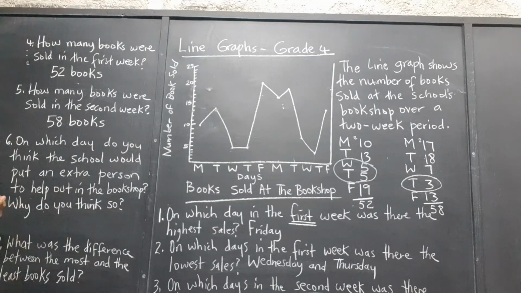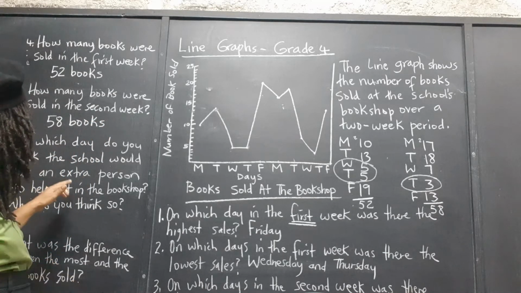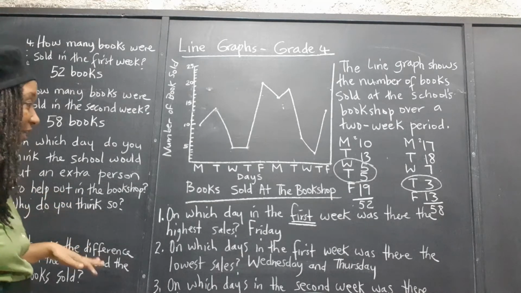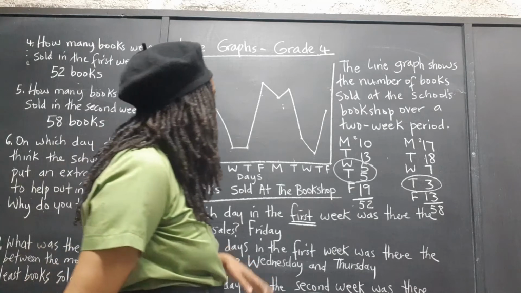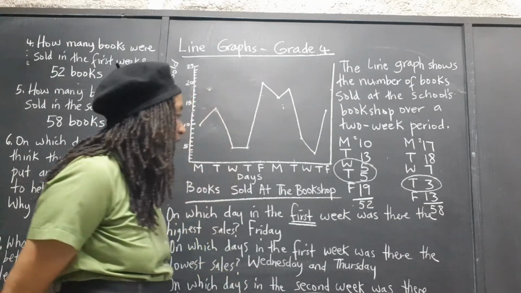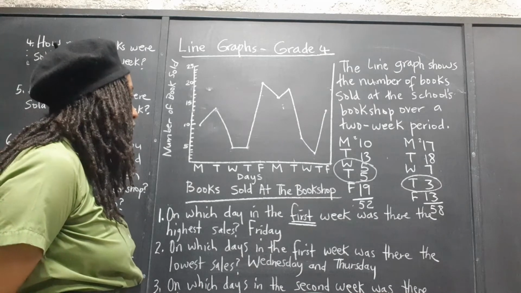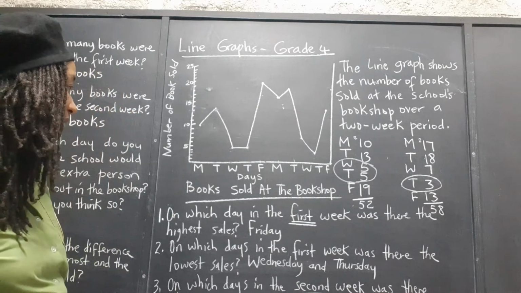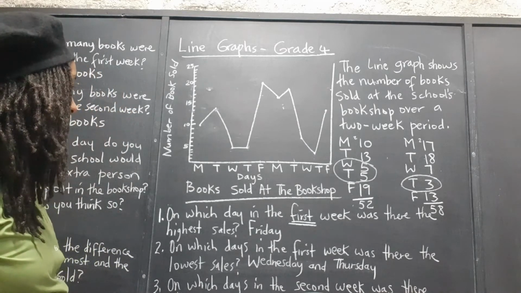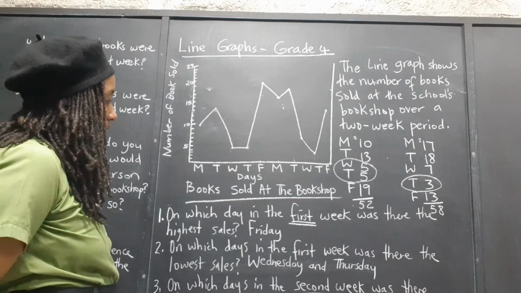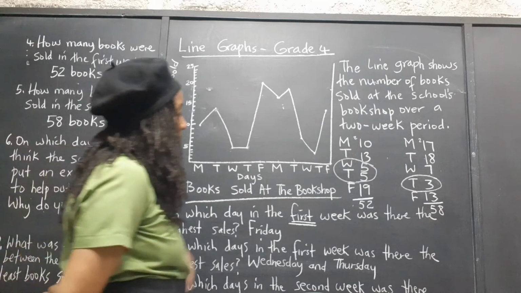On which day of the week do you think the school would put an extra person to help out in the bookshop? Why do you think so? Well, for the first week we had the most books.